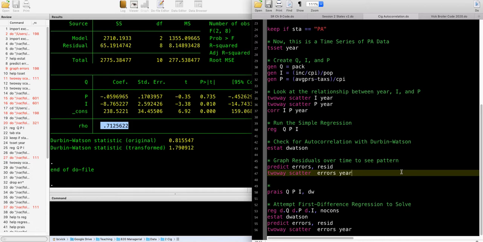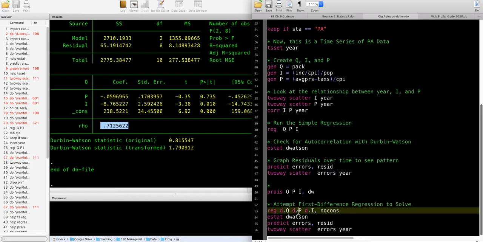But instead, I'm going to show you the second way of fixing this, and that's doing the same regression but on differences. So you see here, I'm not doing a regression on Q, P, and I. I'm doing a regression on the difference in quantities, the difference in prices, and the difference in incomes.